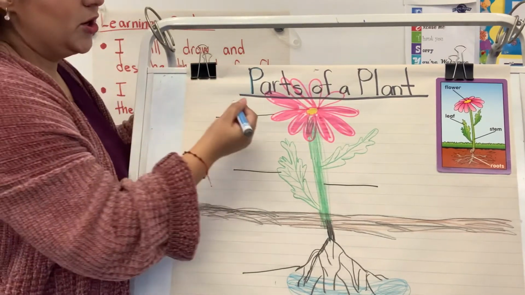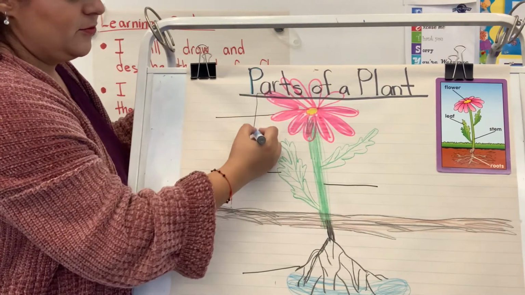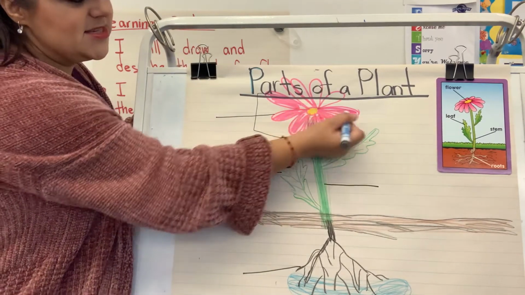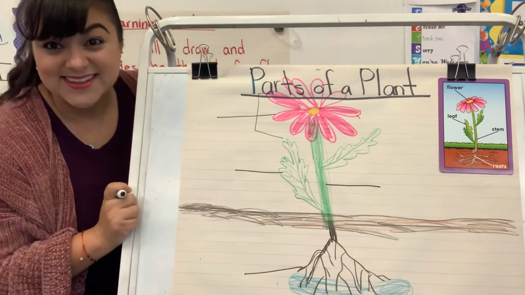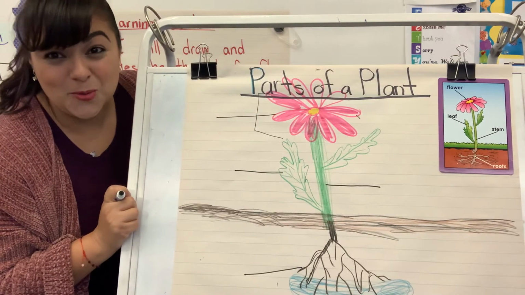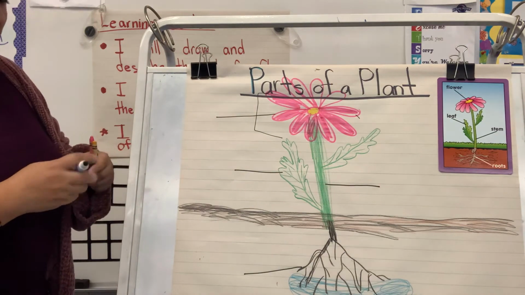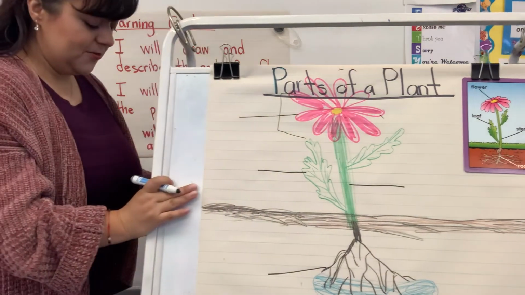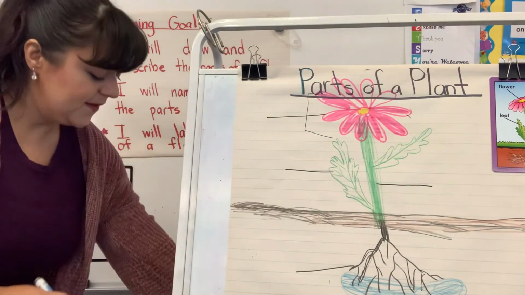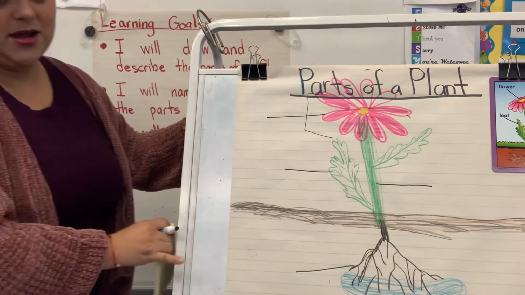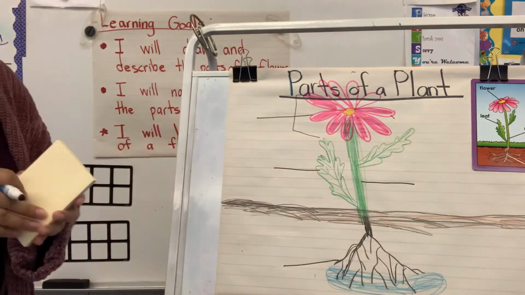So you could do the flower like this and then name the seeds and the petal for more home learning. Okay, great. So let me write down the words on the whiteboard, or on this paper, and then you can write them at home on your picture.